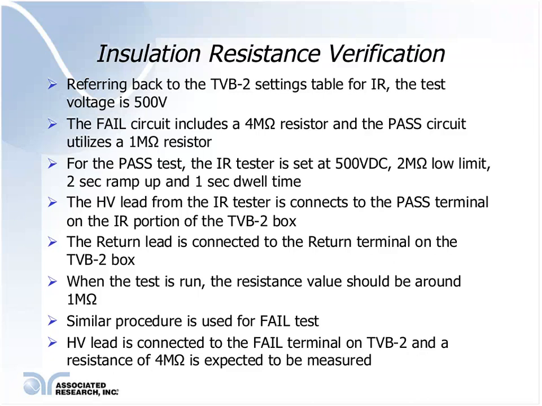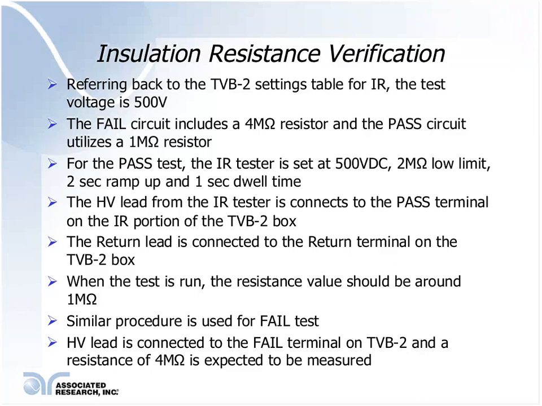Similarly, the next test would be a fail test with the IR unit set to the same parameters as the pass test. This time the only difference would be that the high voltage lead will be moved from the pass terminal to the fail terminal on the IR portion of the TVB2 box. When the test is run, the resistance should be around 4 mega ohms.